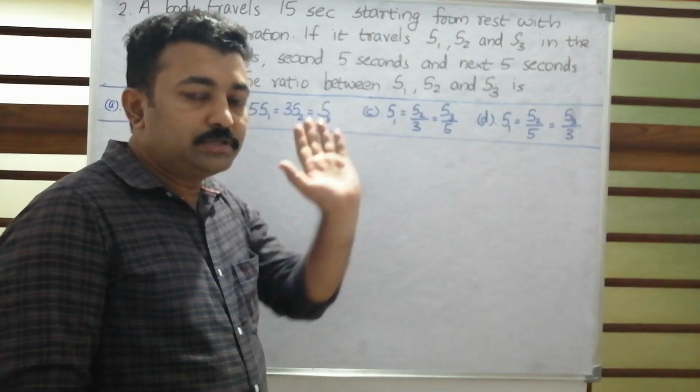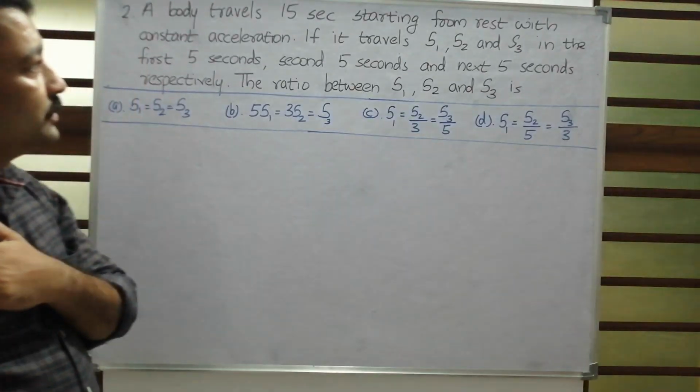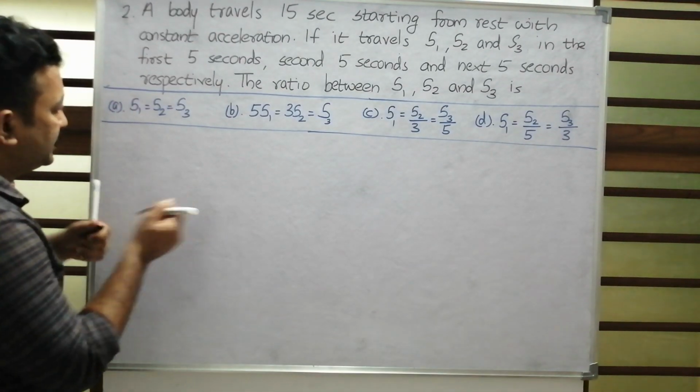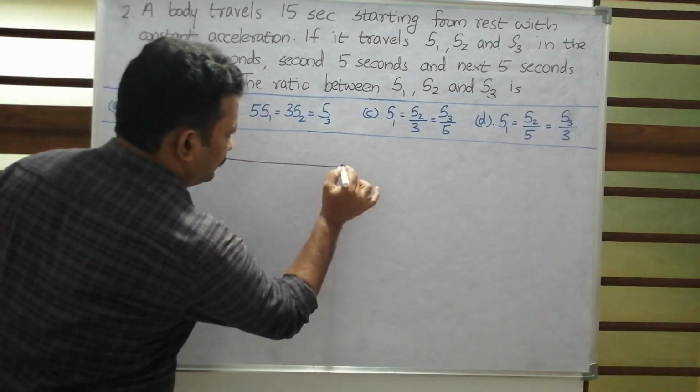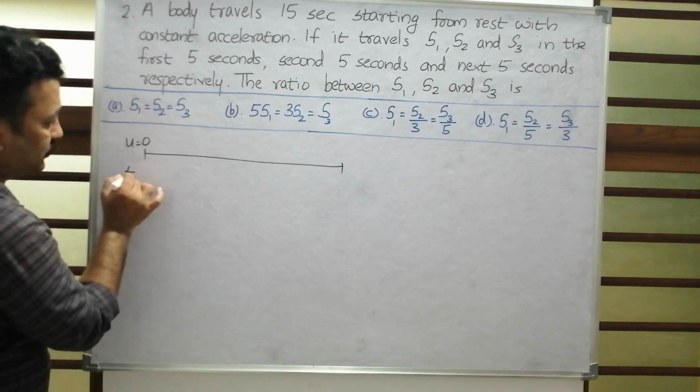So our aim is to find out the displacements in different time intervals. We have 3 time intervals after starting from rest. Let me demonstrate that with the help of a diagram. We have u equal to 0 at t equal to 0.